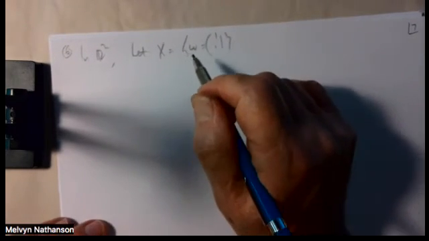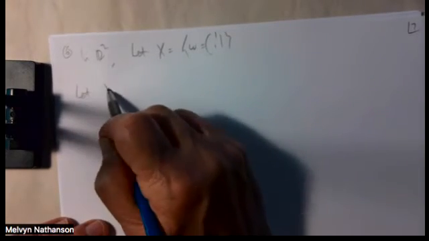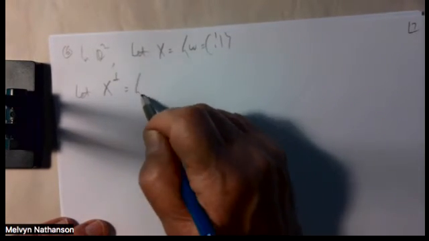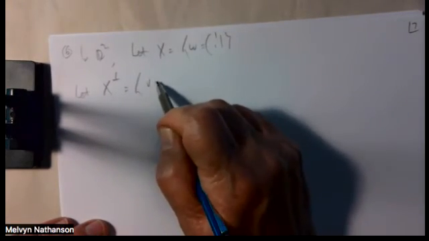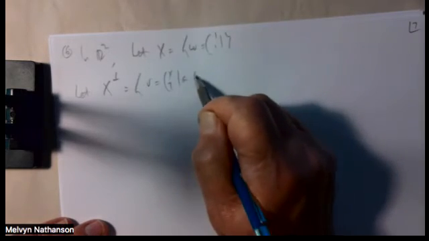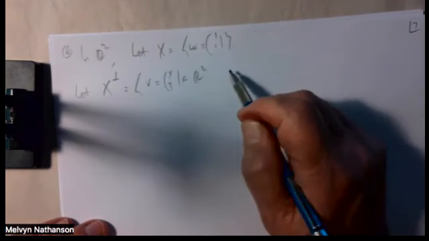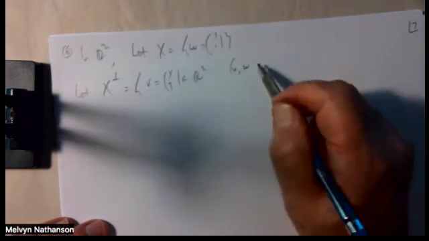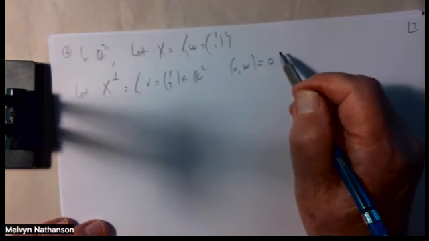And we let X perp be the set of all vectors (x, y) in R2 such that v and w are perpendicular. That means their inner product is 0.